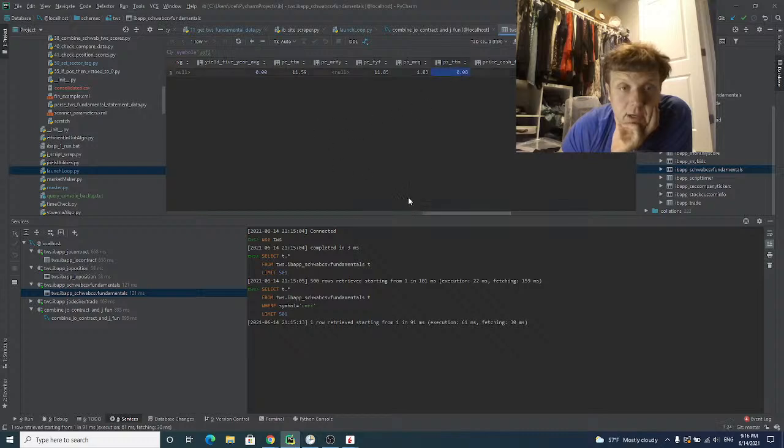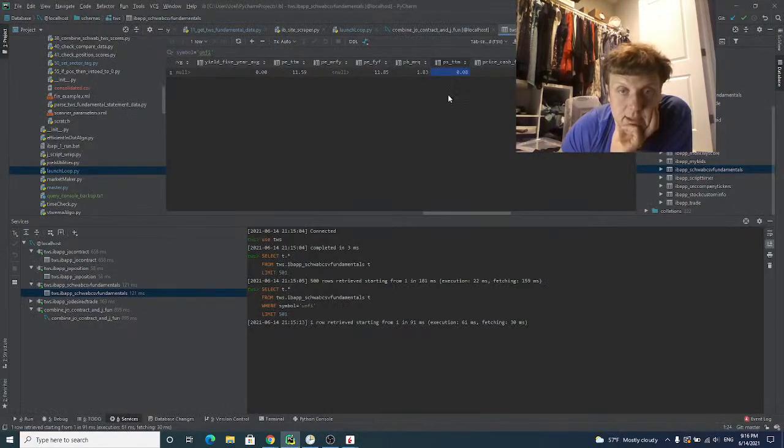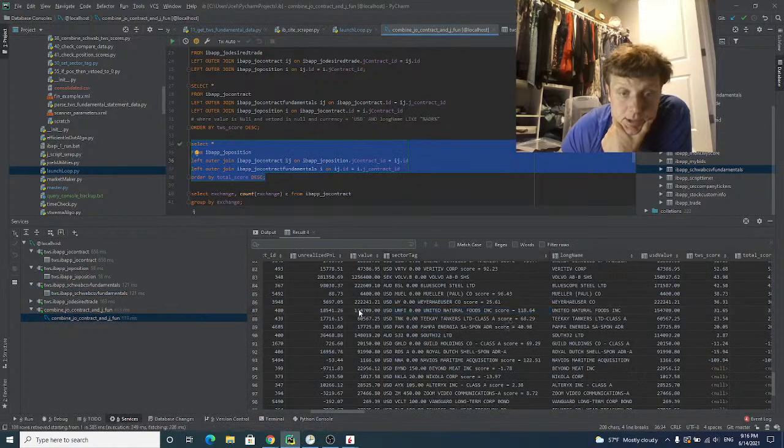So if their PS TTM is 0.08, let's see if that matches Interactive Brokers. PS is the price to sales ratio, trailing 12 months. If we want to compare that, we'll come back over here to this query we ran for United Natural Foods, and we'll see.